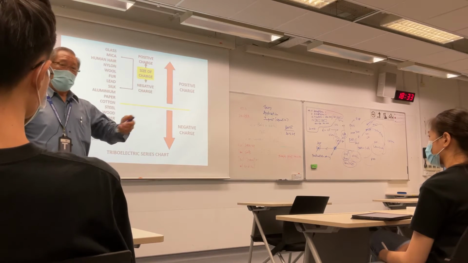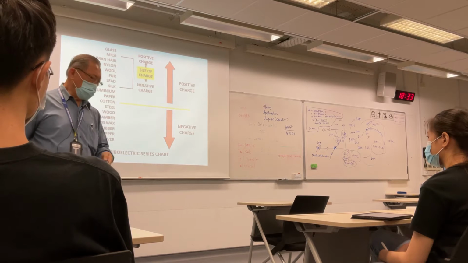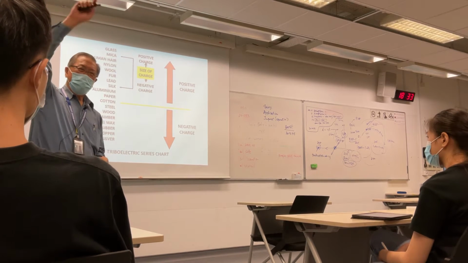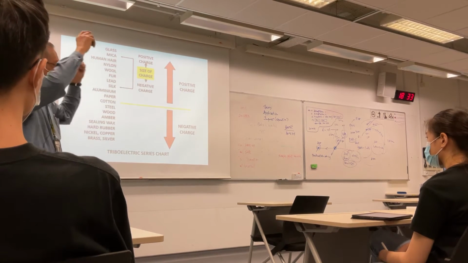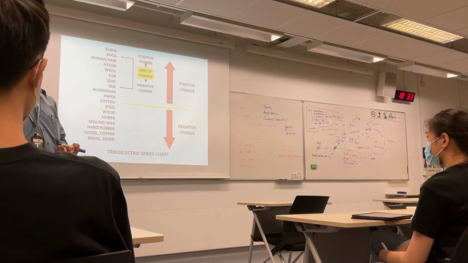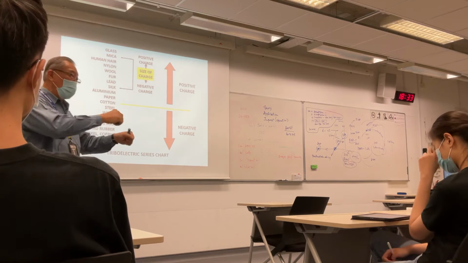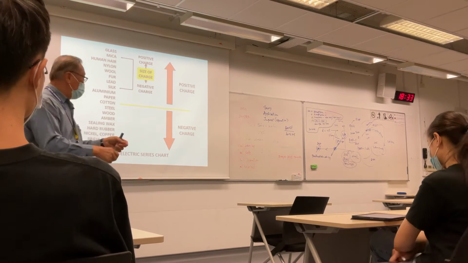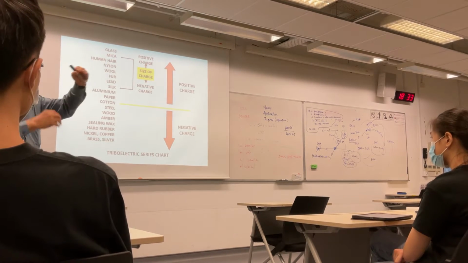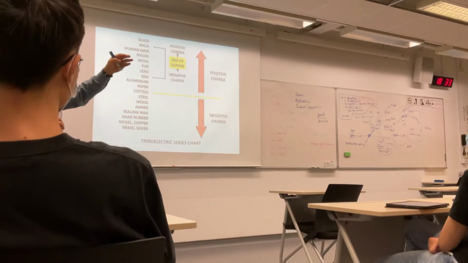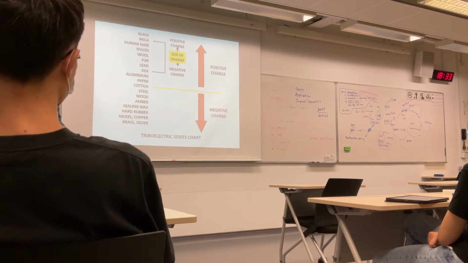Now I told you about one shopping center. Every time I roll the trolley until I go to a counter, I always get an electric shock. That means my shoe and that part, or maybe the trolley wheel, has a very high triboelectric difference. So by the time I reach the counter, go and pay, I always get a shock.